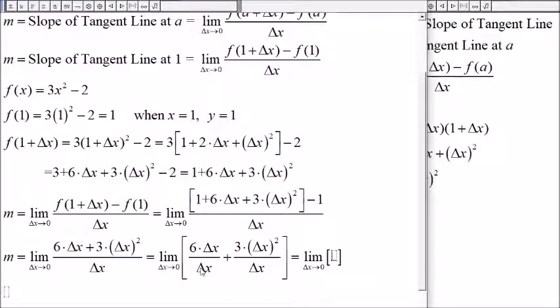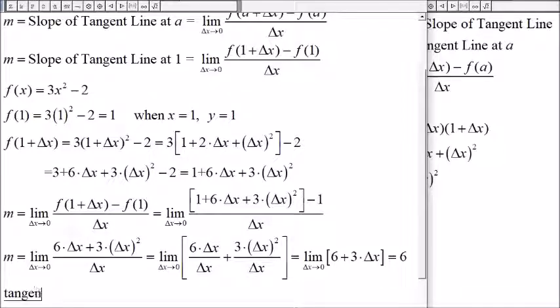Six delta x divided by delta x is 6. And then 3 delta x squared divided by delta x would be 3 delta x. And then delta x approaches 0. This part will approach 0. So we get 6 plus 0, which is 6. And so the slope of the tangent line is 6.